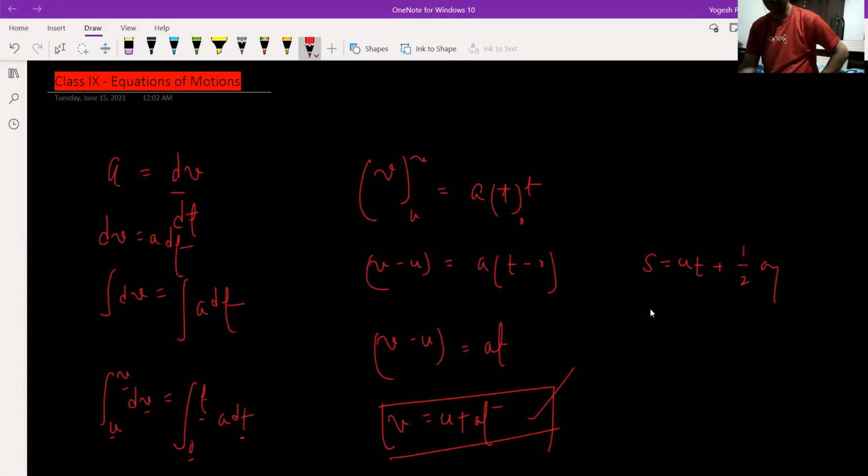From here we need to take the formula v is equal to dx upon dt. So from v is equal to dx upon dt, you will get the formula of s is equal to ut plus half at square.